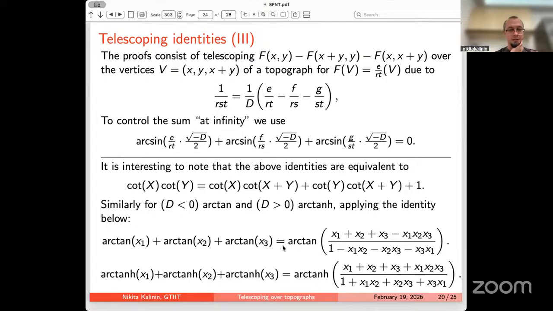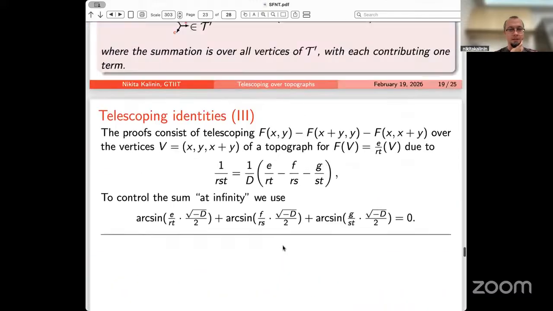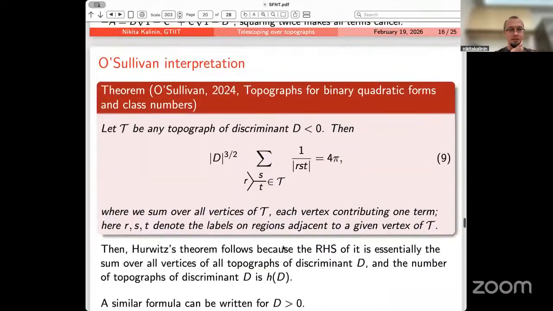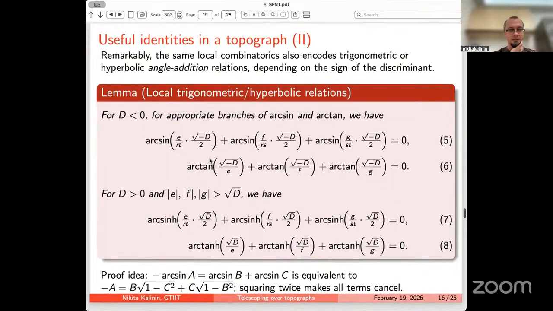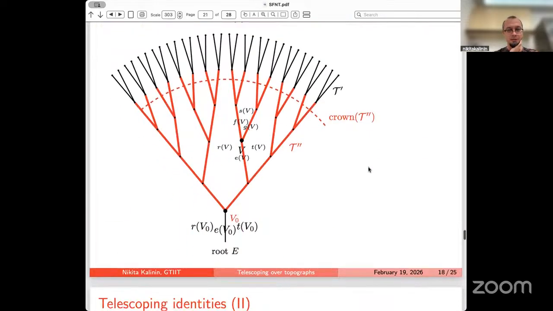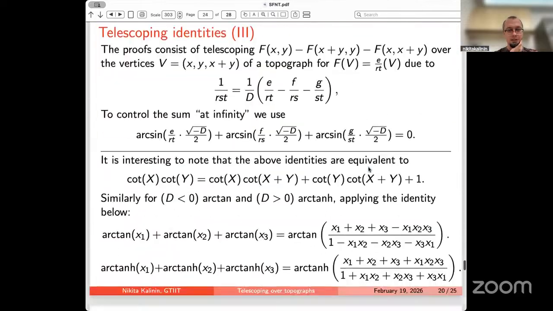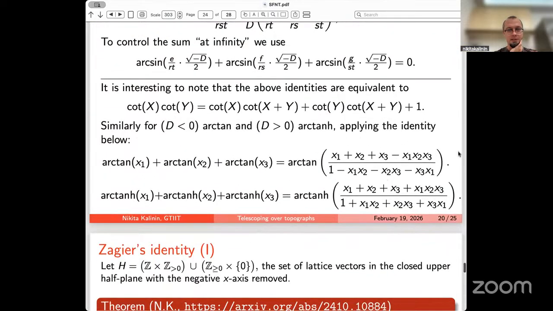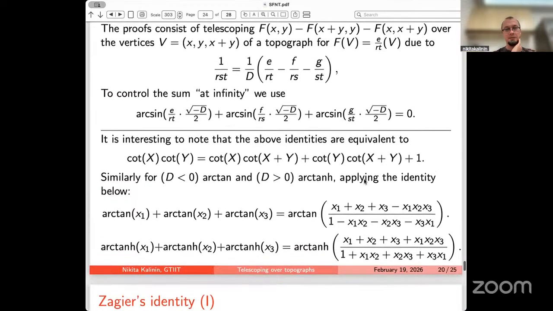They are also equivalent to things here, so that this sum is 0, because when the sum of three arctans is 0, you just need to check that here you have 0, and that comes from these telescopic identities.